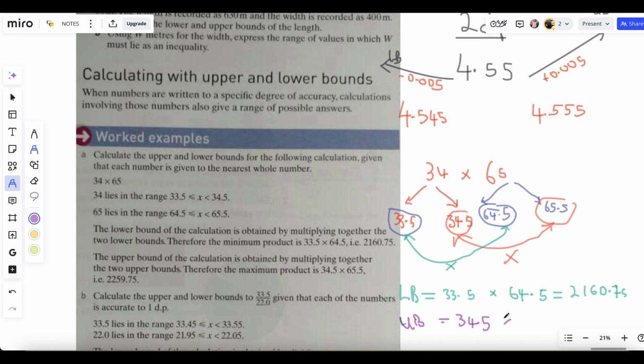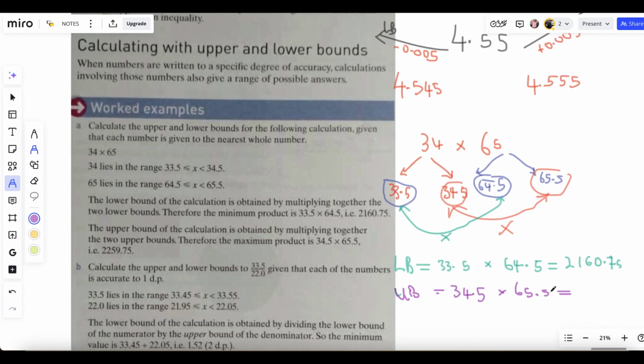When you do this, you get a number such as 2259.75. This is the number you get for the upper bound. Is that okay? So I presume this is very understandable.